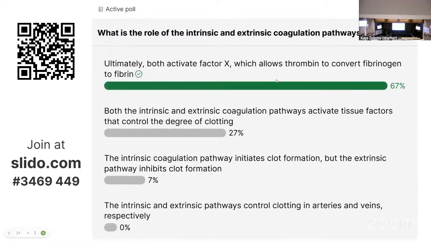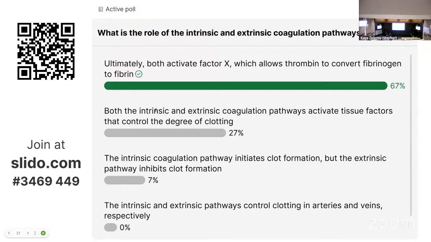Okay. So we want to know that ultimately they're both flowing together into the central step that keys in on factor 10, which is ultimately going to let our thrombin convert fibrinogen to fibrin. For the second most popular answer, the tissue factors are just coming from that extrinsic pathway here, not the intrinsic one.